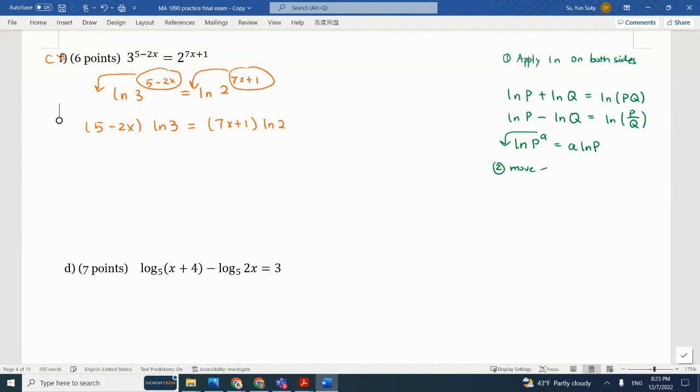We can move the exponent in front of the ln, and don't forget the parentheses. And then we distribute.